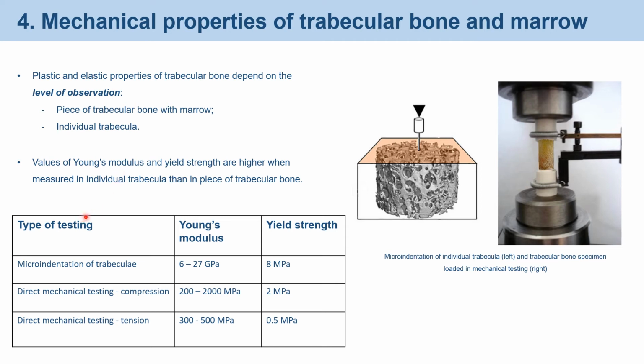For example, in this table you can see values of Young's modulus and yield strengths obtained by the microindentation technique and by direct mechanical testing in compression and in tension. And you can see that values of Young's modulus and yield strengths are higher when they are obtained by the microindentation technique of an individual trabecula.